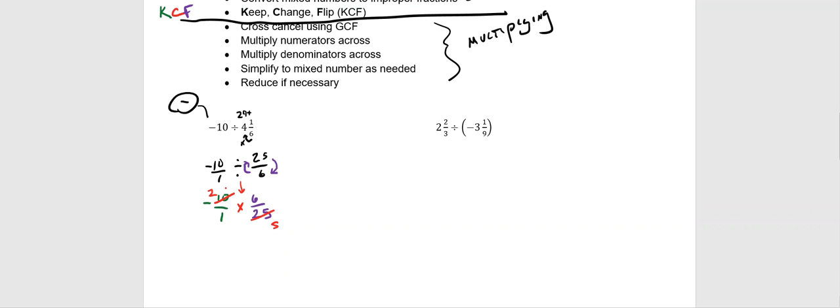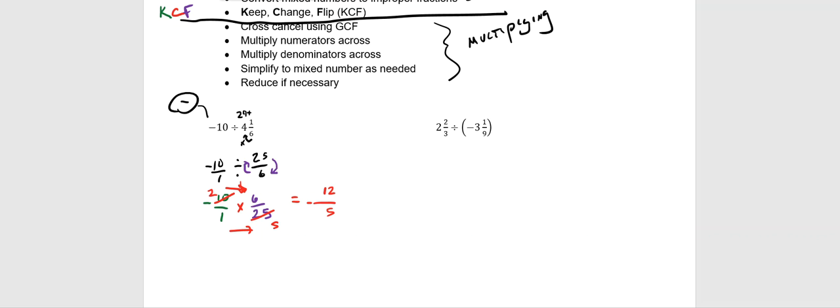And now we will take our reduced problem and just simply multiply across. So 2 times 6, that's 12. 5 times 1, that is 5. And don't forget we had a negative answer.